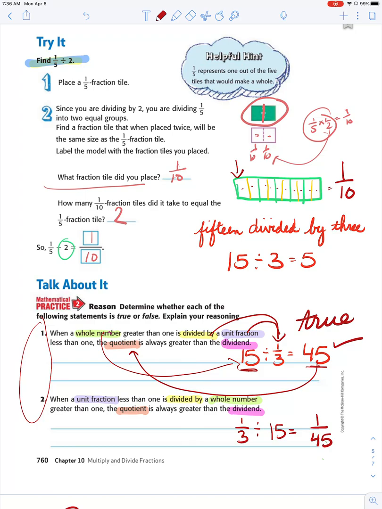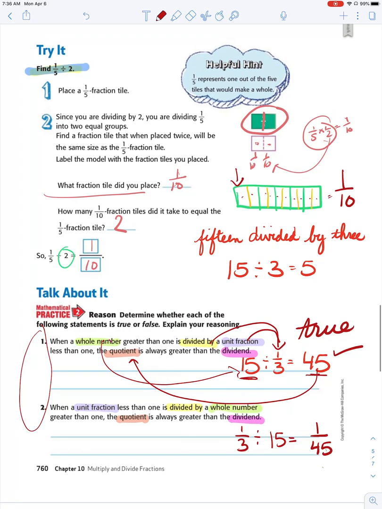In this next problem here at the bottom, when a unit fraction is less than 1, so the unit fraction is now going to be starting this problem as 1/3, and it is divided by a whole number, so here is your 15, by a whole number greater than 1, the quotient, which in this case is 1/45, is always greater than the dividend.